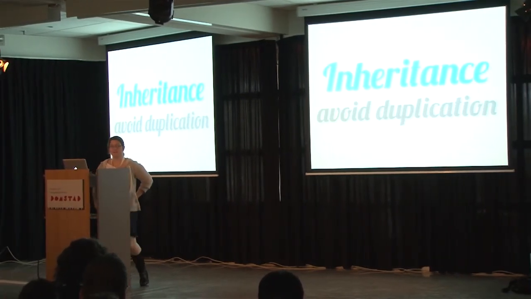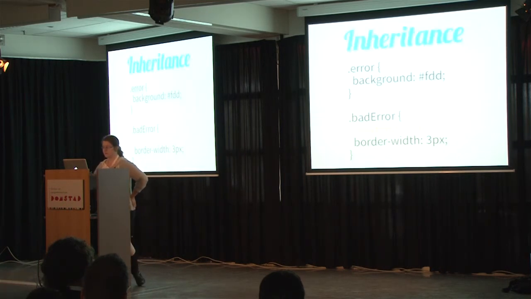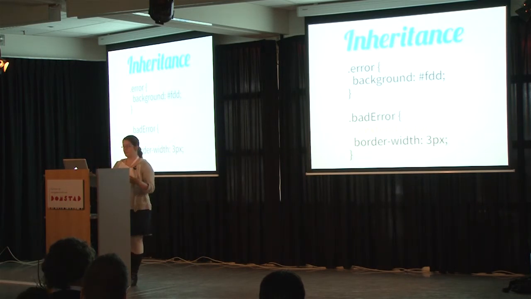Okay, so the last major feature is inheritance, and this is useful for avoiding duplication. Here's how it works. You can define a style like .error. So you want your error message to have a certain background color so that it stands out.